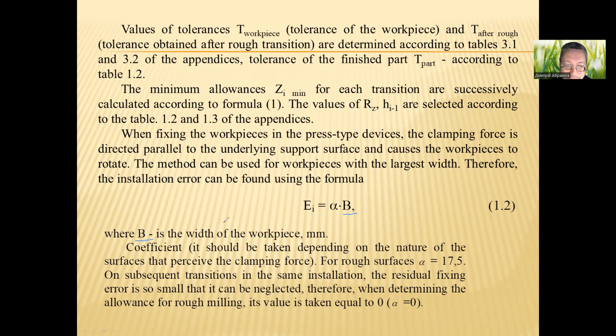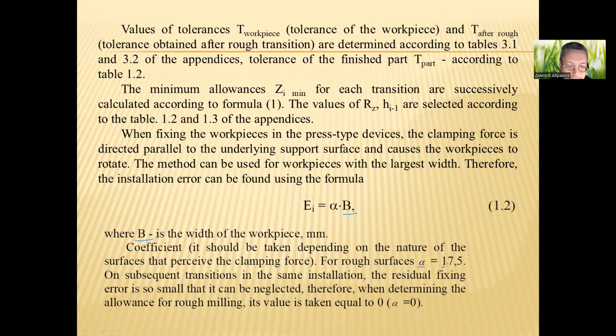Coefficient alpha should be taken depending on the nature of the surface that perceives the clamping force. For rough surfaces, alpha is equal to 0.5.